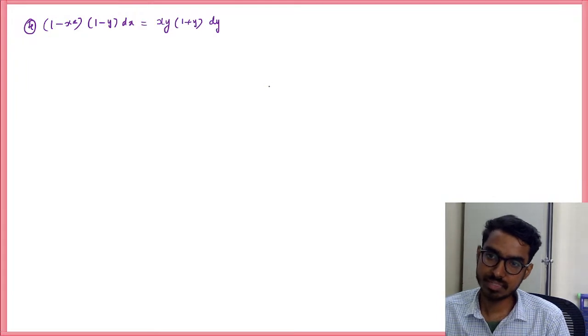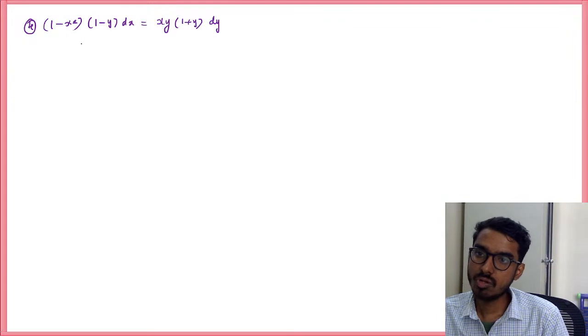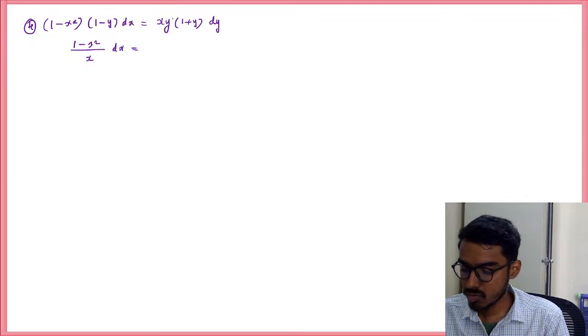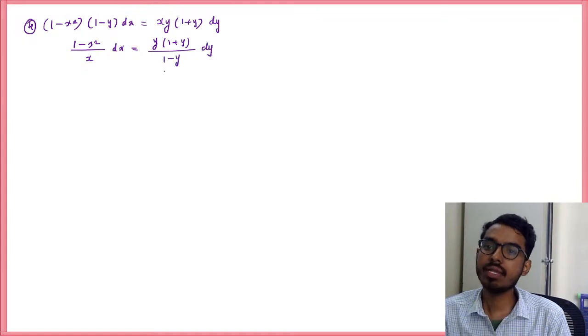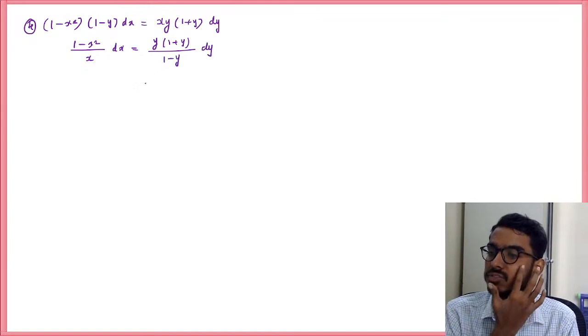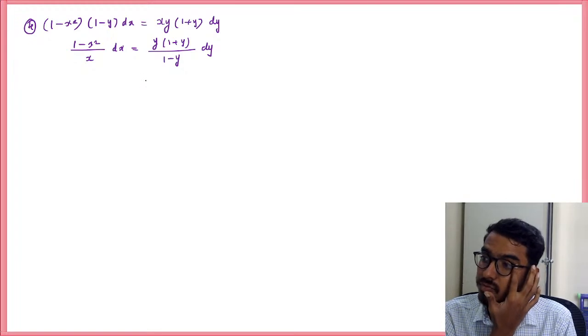So we need to separate x and dx to one side, y and dy to the other side. So you can see, let's keep this 1 minus x square by x dx. Here we will have y into 1 plus y by 1 minus y dy, right? So we have separated functions of x and dx to one side and functions of y and dy to the other side.